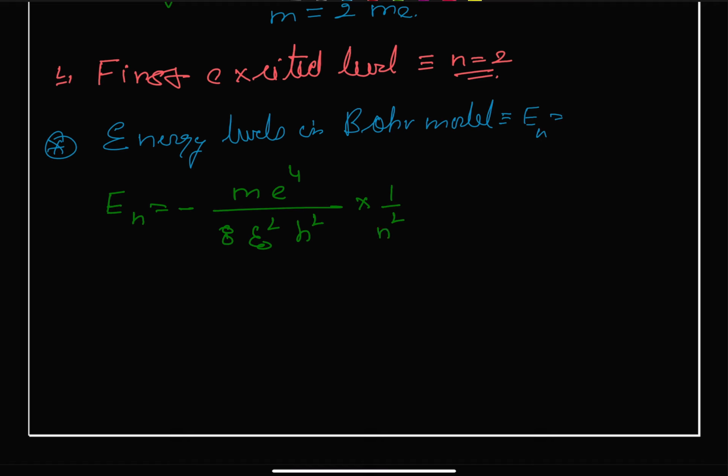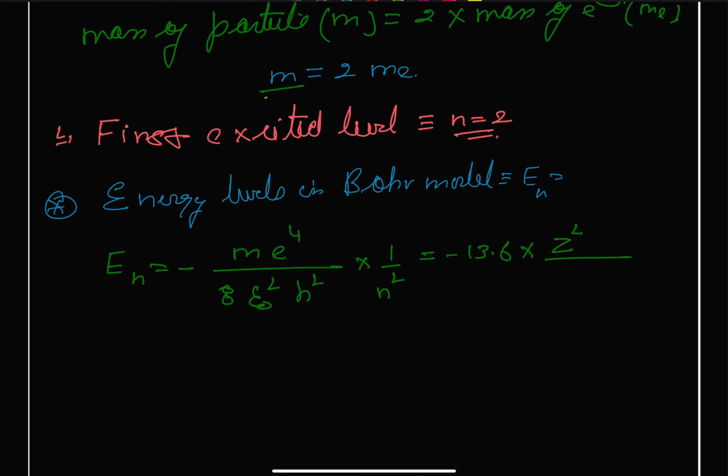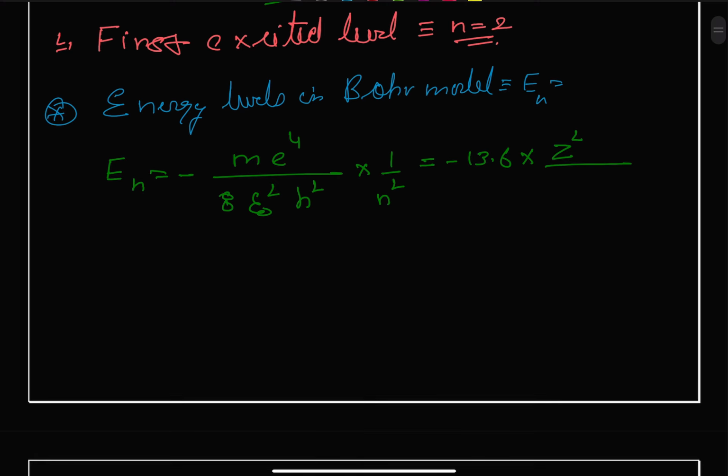And in terms of hypothetical particle, if we substitute all the values, we can write this will be equal to minus 13.6 multiplied by z square. Mass of hypothetical particle is, we have taken as m, or for the sake of let us call this as m prime, much more easier to differentiate.